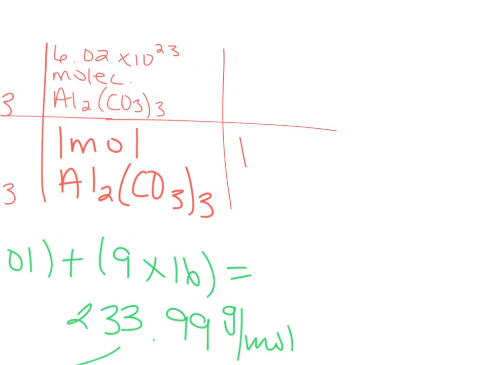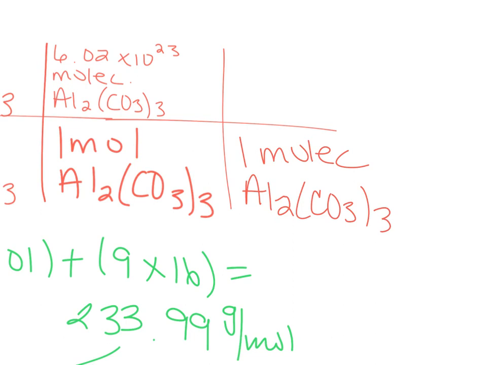Now we just need to get to carbonate ions. So now it's a ratio. For every 1 molecule of Al2(CO3)3, how many ions of carbonate are there? Well, that's just a matter of looking at our formula here. How many carbonates are in this formula? Well, there's 3. So for every 1 molecule, I'm going to have 3 ions of carbonate.